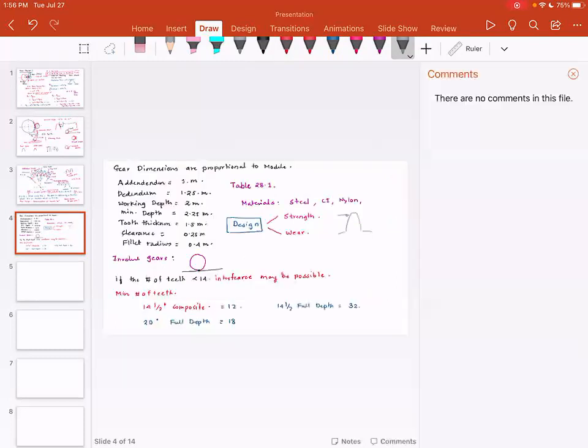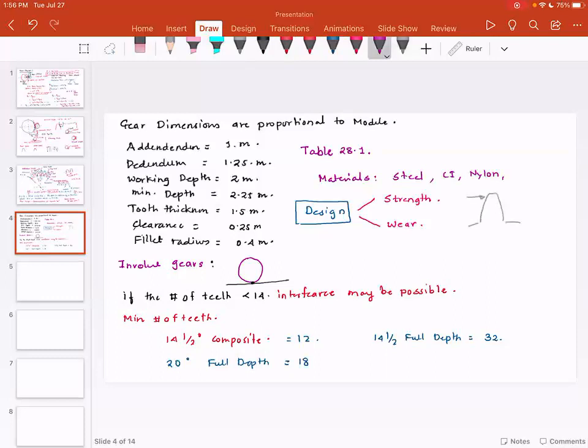In terms of wear, since two gears are coming in contact, the localized stresses are super high. So we want to make sure that the gear is able to withstand those very high local stresses.